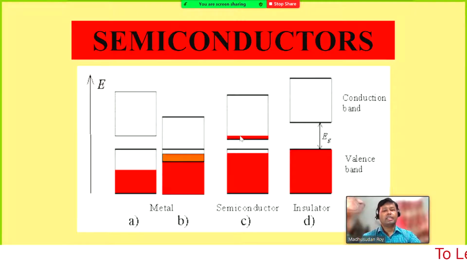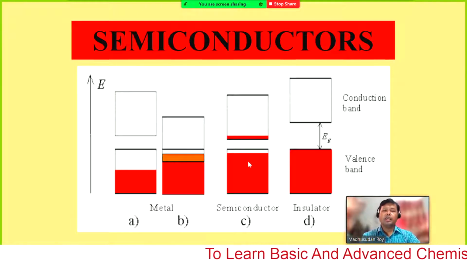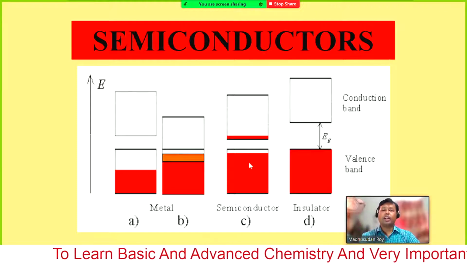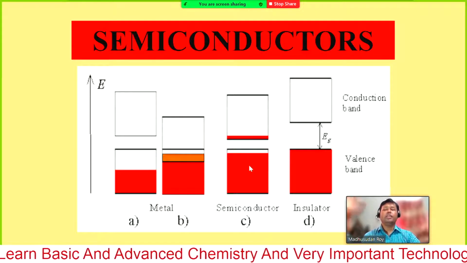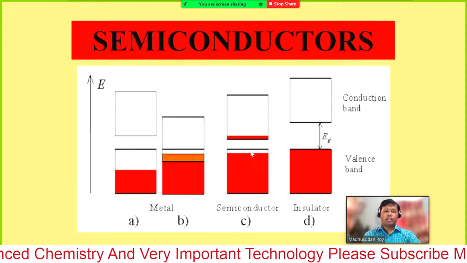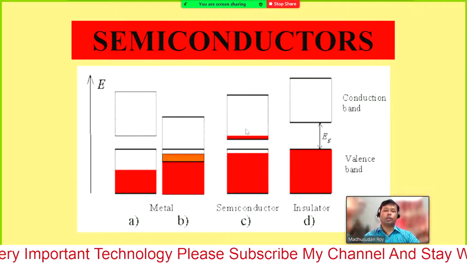So it has some minimum electrons in the conduction band, and the energy difference between the valence band and the conduction band is quite low. Therefore, if you apply some potential difference, the electrons from the valence band can transfer to the conduction band.